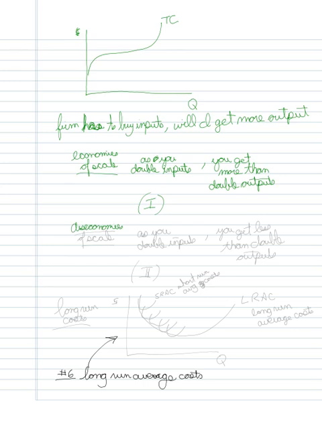In the diseconomies of scale region, as you double inputs, you get less than double the outputs. Which means that I'm in the less productive region number 2.